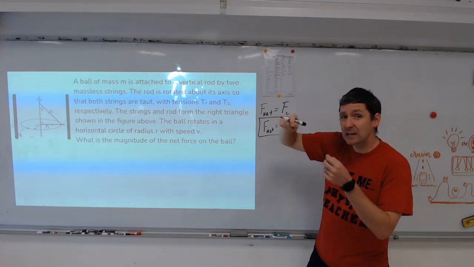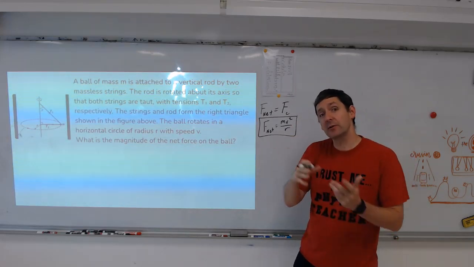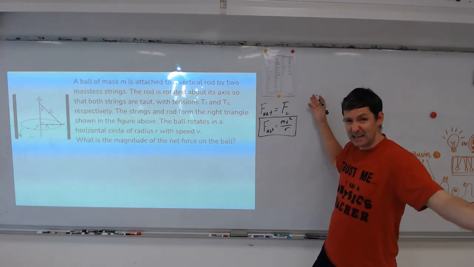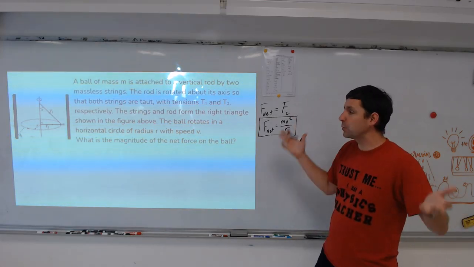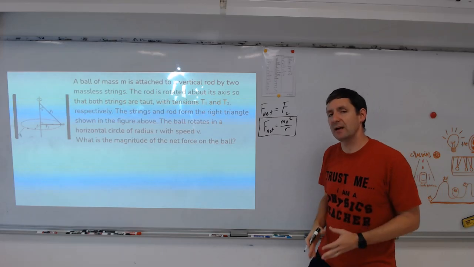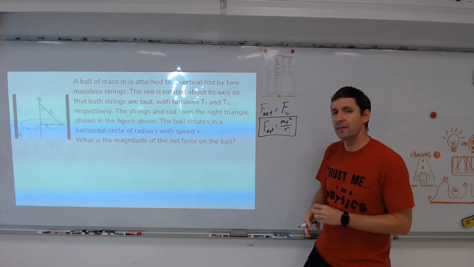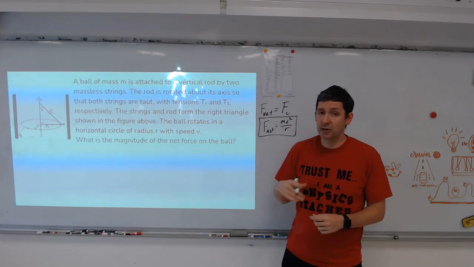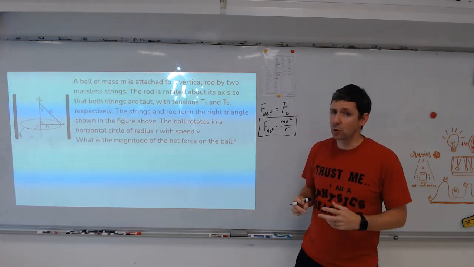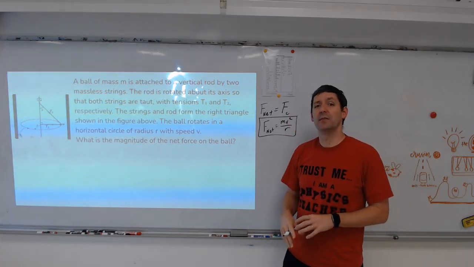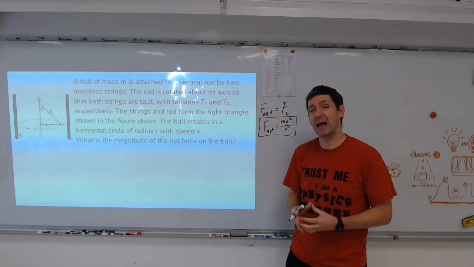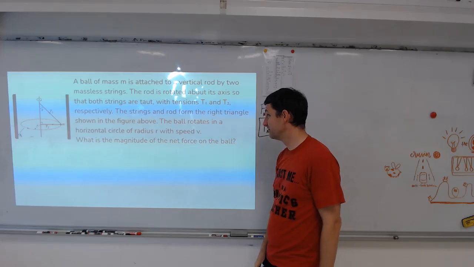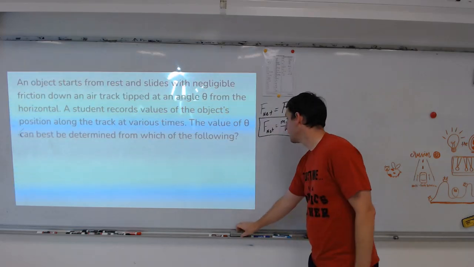Force is mass times acceleration, so you take the centripetal acceleration multiplied by mass, and you get mv squared over r. All right, that's it. That's all they wanted you to do. It was simply, do you understand that when an object is going in a circle, the net force must be the centripetal force? If it's not going in a circle, then yeah, you've got other things to worry about. But for any circle, the total sum of the forces has to add together to give you the centripetal force. That's all. Okay, moving on.